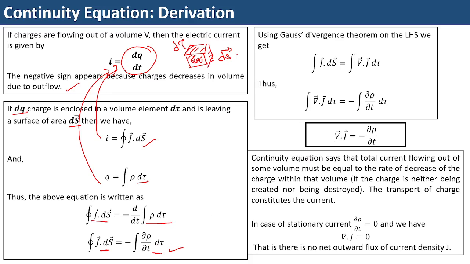By applying the Gauss divergence theorem, we have simply converted it into a volume integral, just taking the divergence of J. Now since I have a volume integral on both sides of this equation, I can equate these integrands. So I get del dot J equal to minus del rho del t. Alright, so this is how we get the equation of continuity.